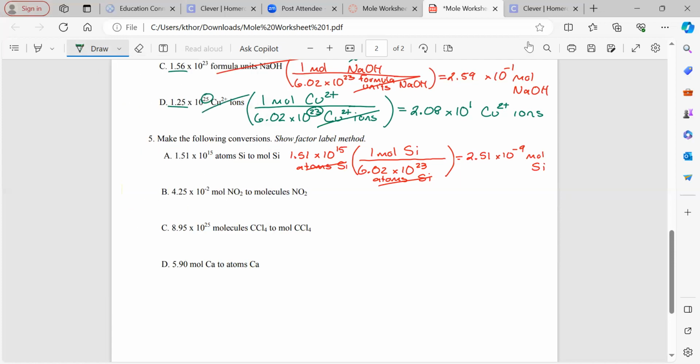Let's continue. 4.25 times 10 to the negative 2nd moles of nitrogen dioxide to molecules of nitrogen dioxide. So you're going from moles to molecules. Okay.